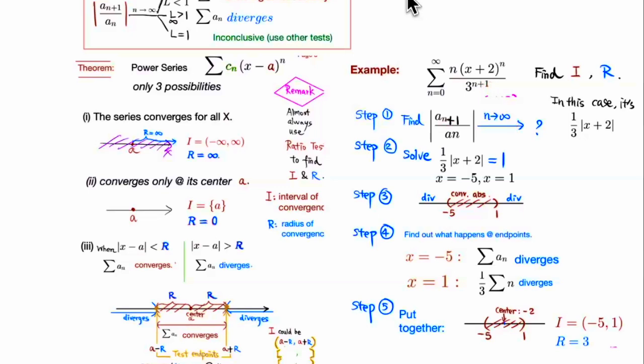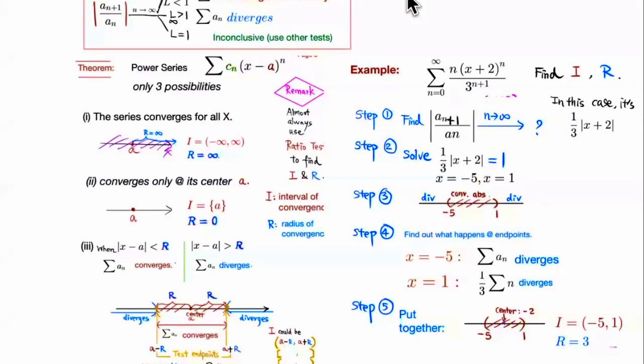In this case, it goes to 1/3 absolute value of x plus 1. Then you set that equal to 1 and solve for x, and use these as the two endpoints. Within these two endpoints, it converges absolutely by the ratio test. It diverges outside.